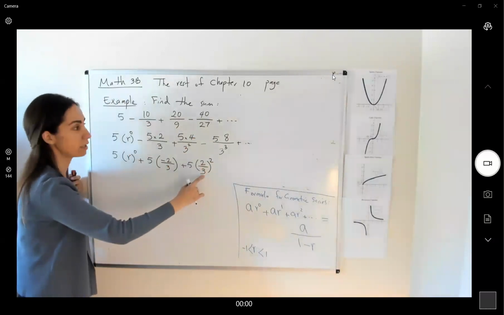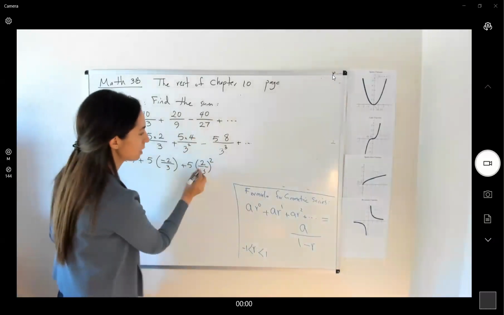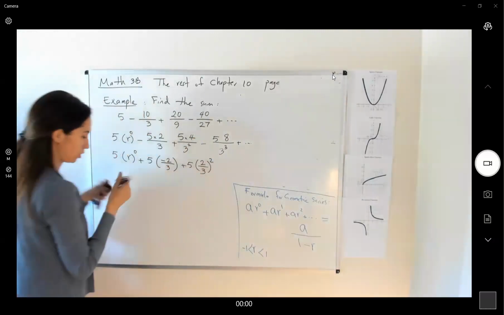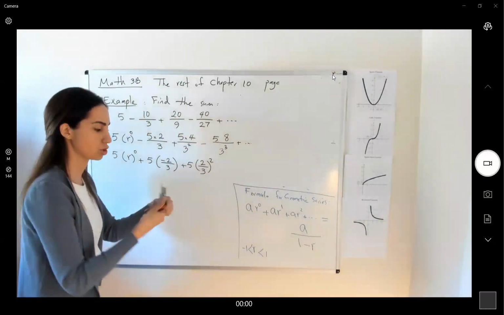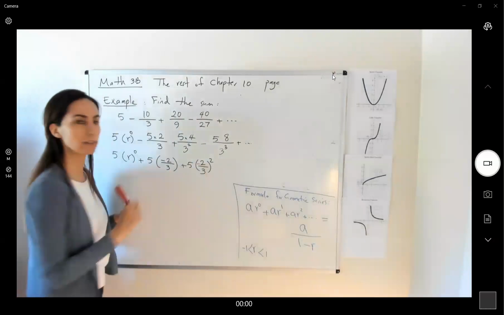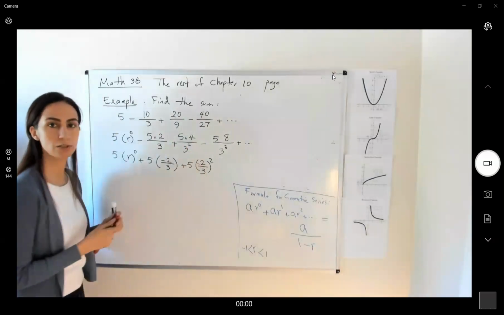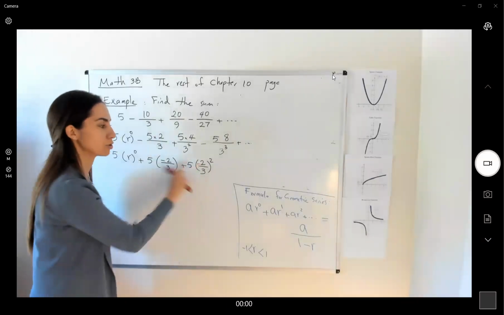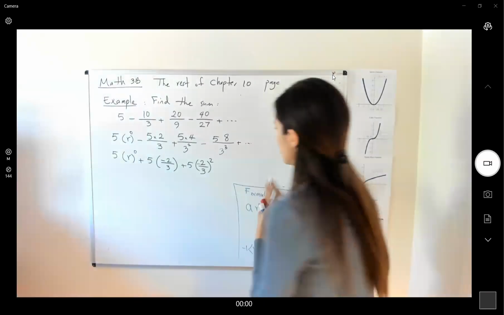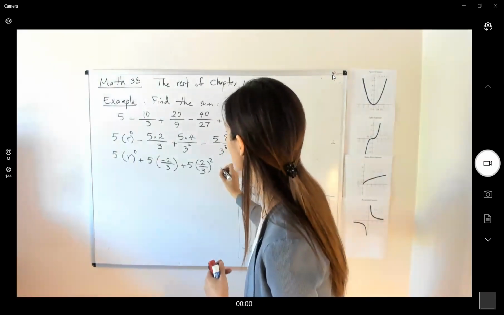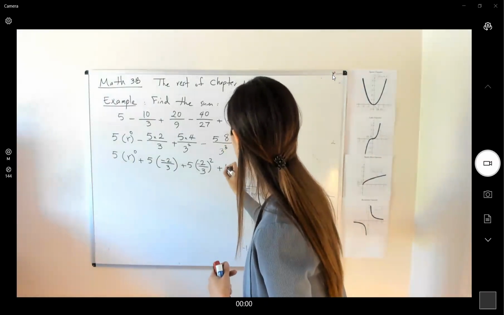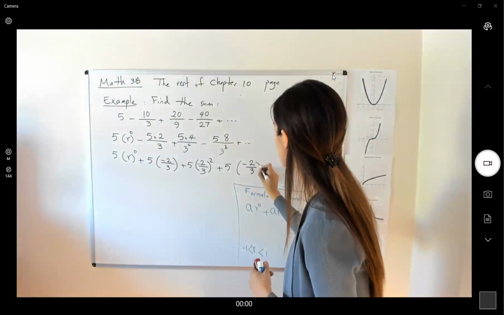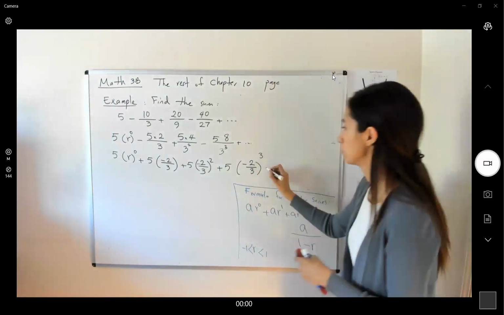Since it has an even exponent, I can just write it with the negative sign: negative 2 thirds times negative 2 thirds gives me positive. It seems like cheating, but I'm allowed to put the negative sign here. Then I have 5 times negative 2 thirds raised to the 3rd power plus the rest.